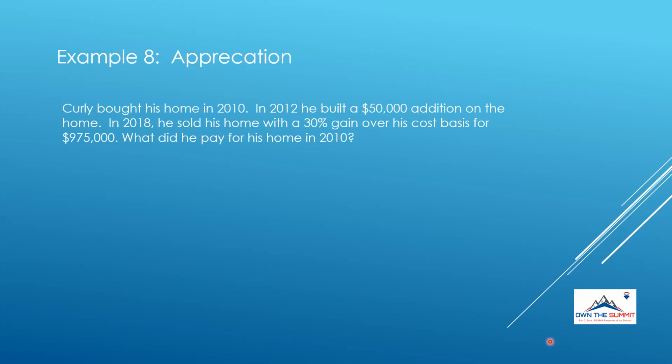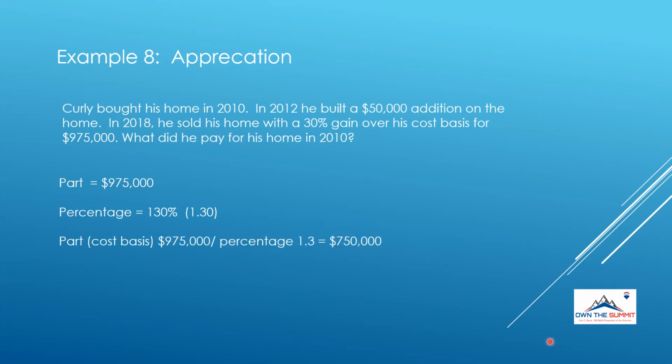Well, again, this is a case where the bigger number is actually the part. $975,000 is the part. What part is it? It's all of what he paid for the home plus 30% gain. So it's 130%. So his part, 975, divided by the percentage, 1.3, is $750,000.